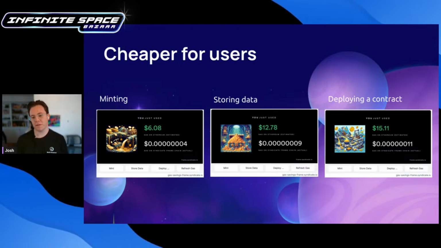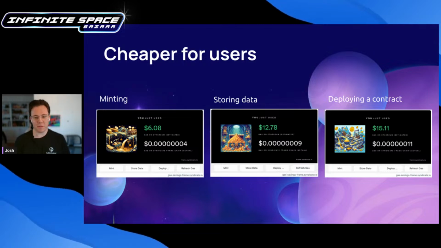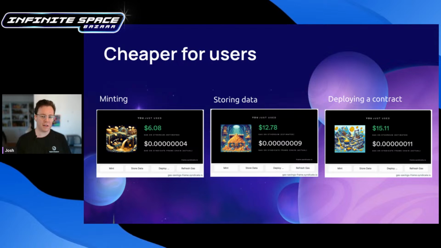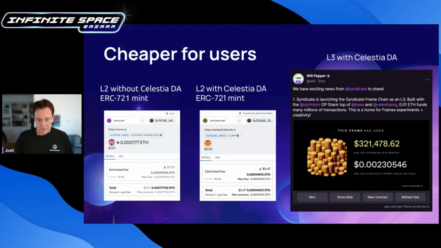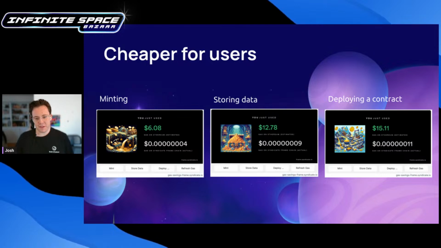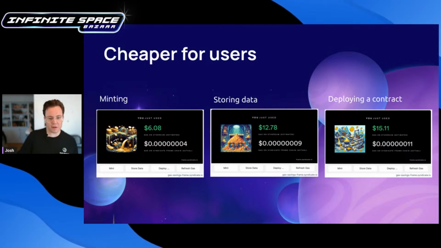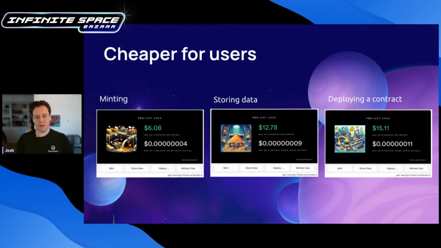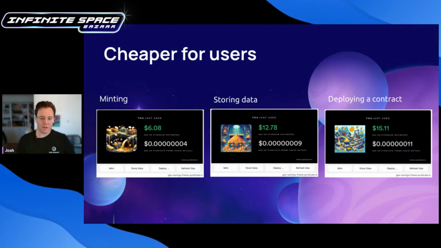Now, the benefit of this is that instead of users having to pay $5 to $10 to $15 to do any sort of interaction on your chain, it gets to the point where this is basically free. It isn't really free, it's still less than a cent, but this enables you to really reduce the prices for your users, and at the end of the day, reach the point where these transactions don't cost that much or anything for your users.